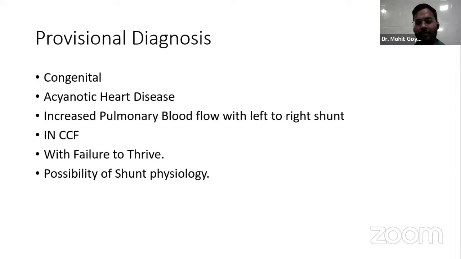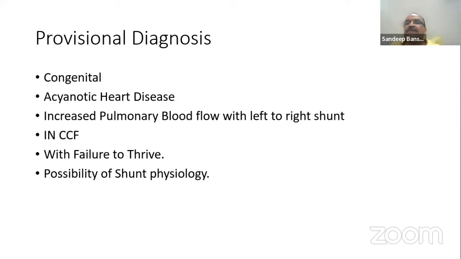Provisional diagnosis: congenital acyanotic heart disease with increased pulmonary blood flow with left to right shunt in CCF with failure to thrive. The possibility of shunt physiology. So what are your possibilities?